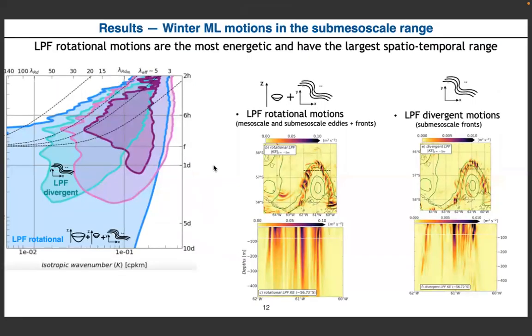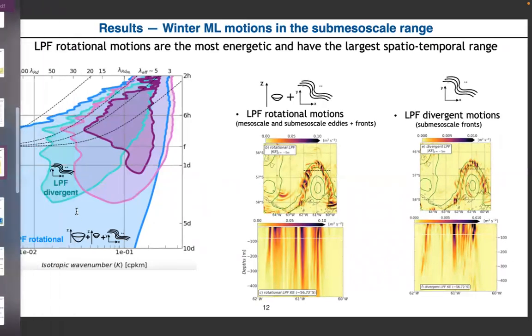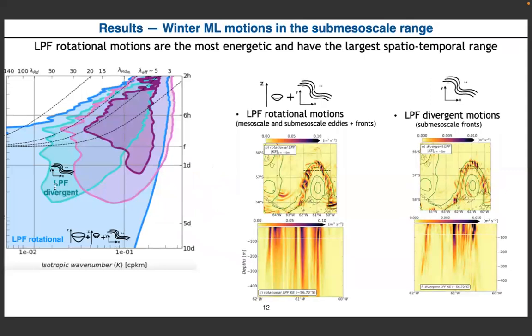So we have surface intensified eddies and fronts in the low pass filtered rotational motion in blue. We have the divergent component, mainly the divergent component of fronts, in the low pass filtered divergent motions in green.